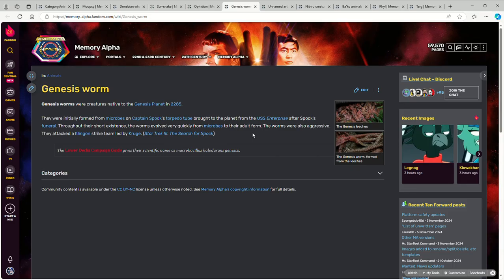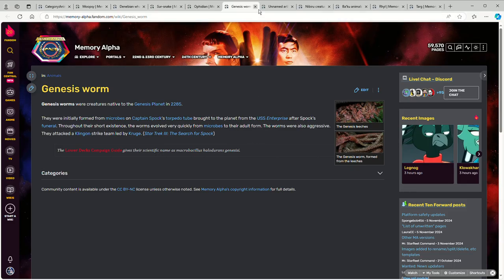Their existence is a bad sign because it lets you know that the matrix's instability is still an ongoing problem and wasn't just a one and done. And of course it was part of the reason why they decided they needed to get off the Genesis planet before it exploded, because they knew that it was going to at some point in the near future.